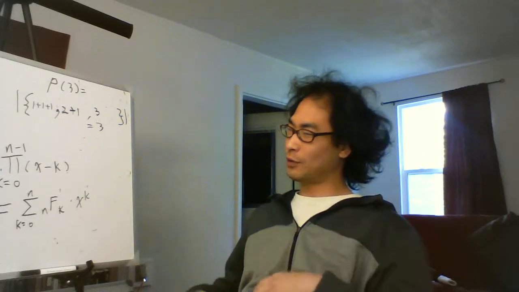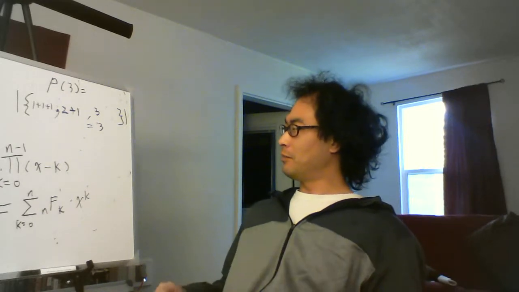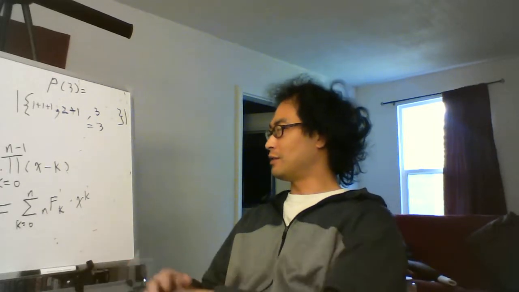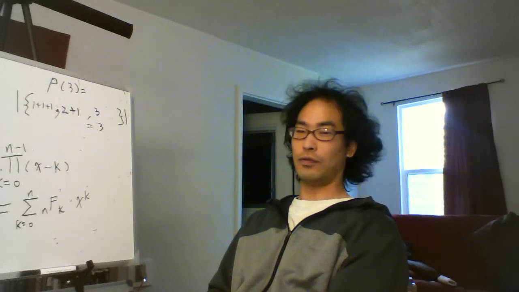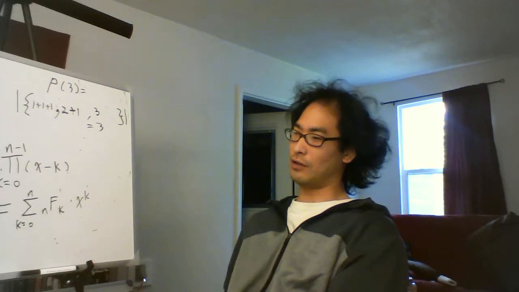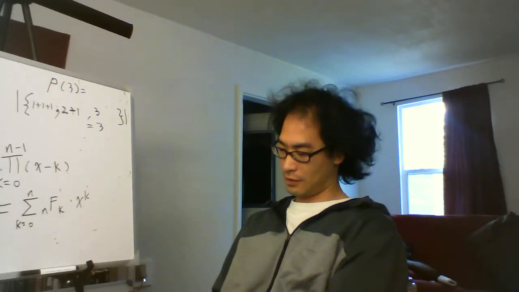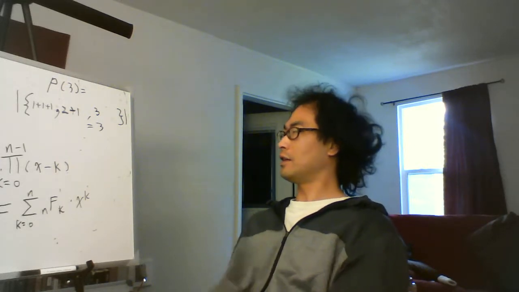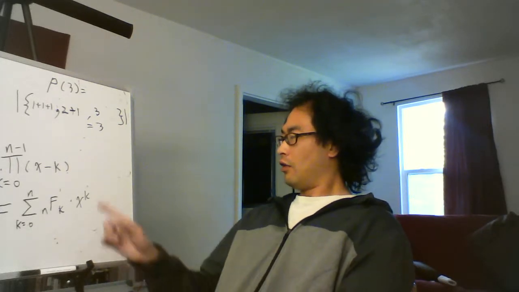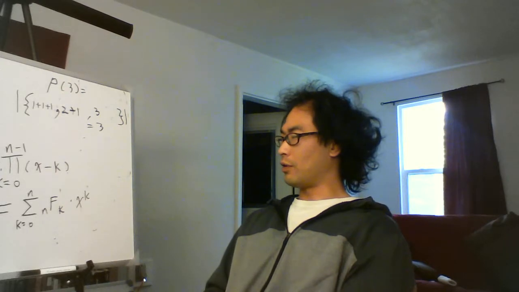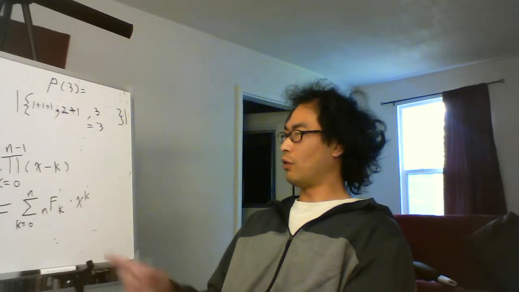But at least we know what it is. It's a very simple looking thing, but for now we'll just have to satisfy ourselves by understanding the definition of this fourth Stallings number.